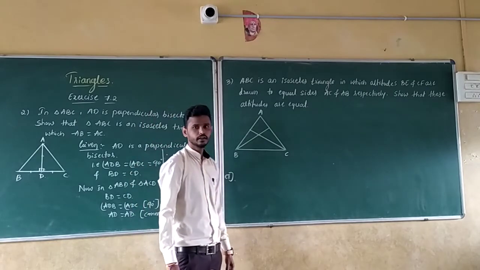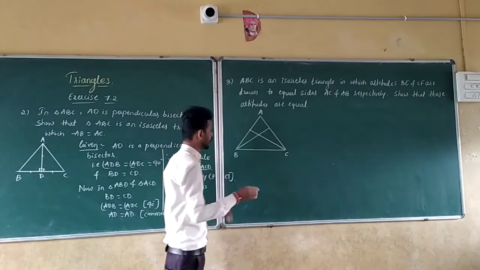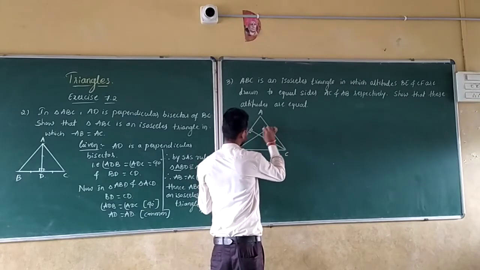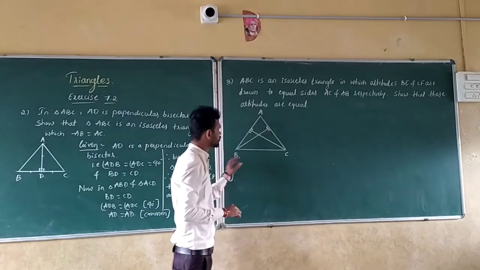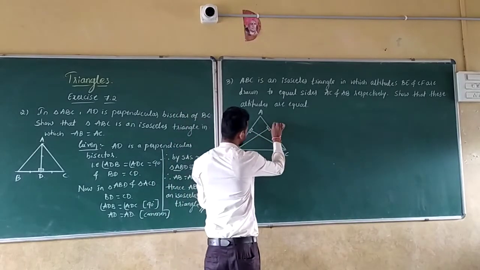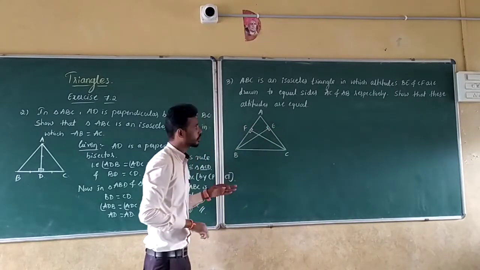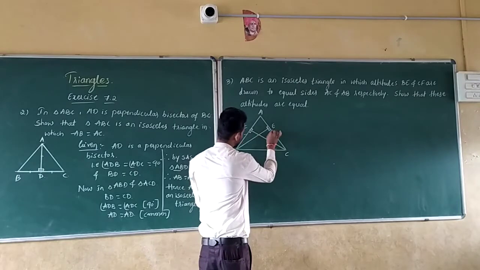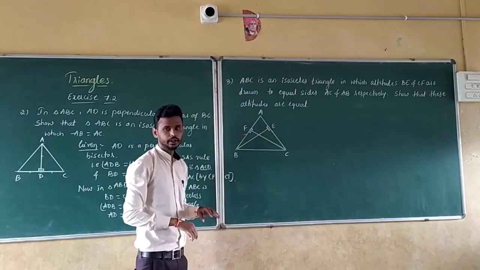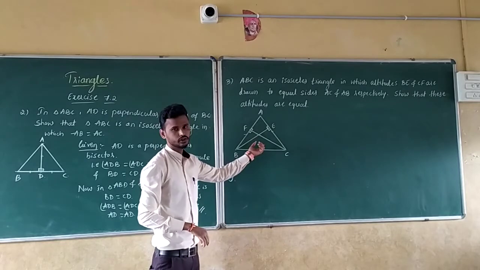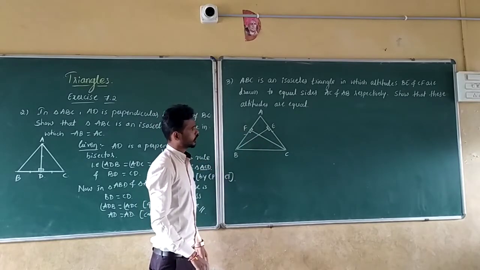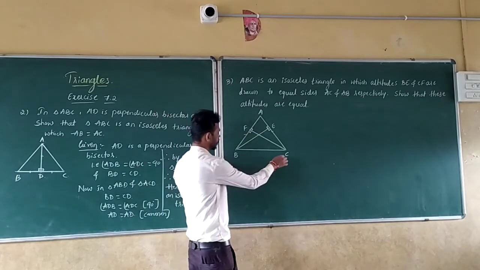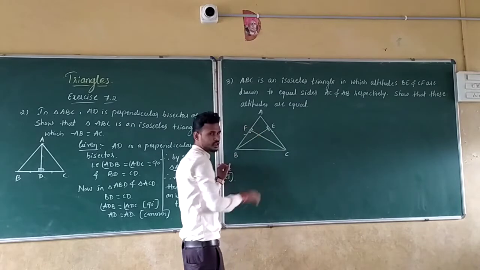Altitudes means perpendicular line segments, so this will become 90 degrees. The altitudes BE and CM are drawn to equal sides AC and AB, meaning AC and AB are equal sides. AB equals AC is given because it is an isosceles triangle. Show that these altitudes are equal, meaning we need to show that BE is equal to CM.